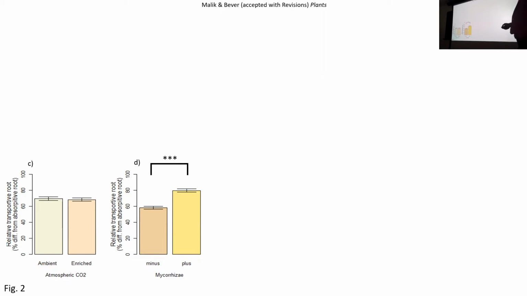In terms of relative transport root, that's the difference, how different the transport roots, which are involved in storage, were from the absorptive roots that are involved in soil solution uptake, nutrient uptake, and those are the roots that are colonized by mycorrhizal fungi. You see that the presence of mycorrhizal fungi led to an increasing difference between the transport root as well as the absorptive.